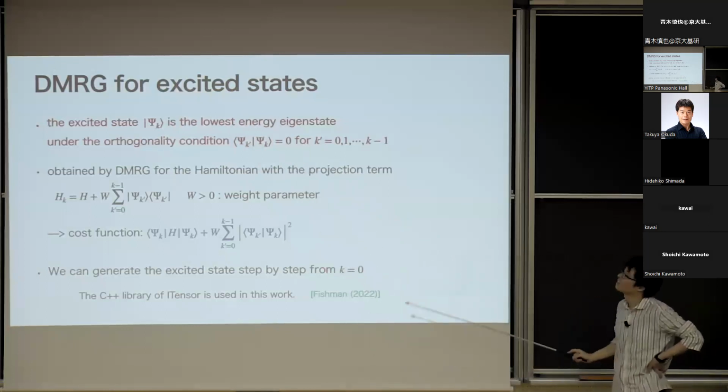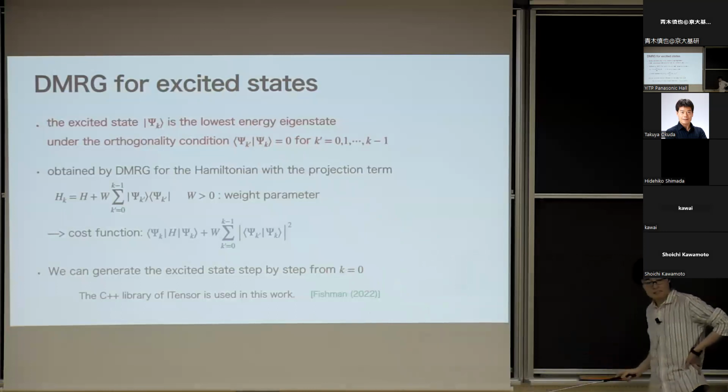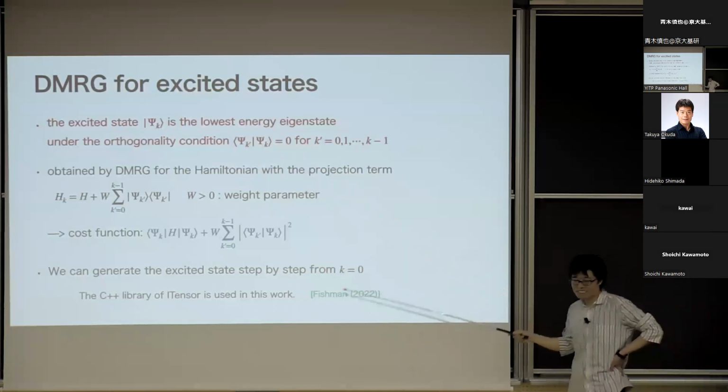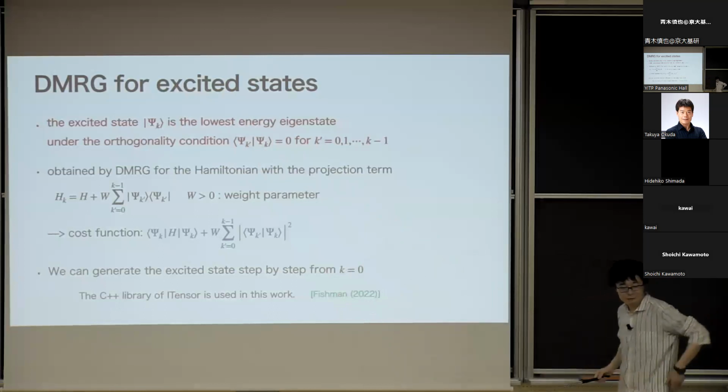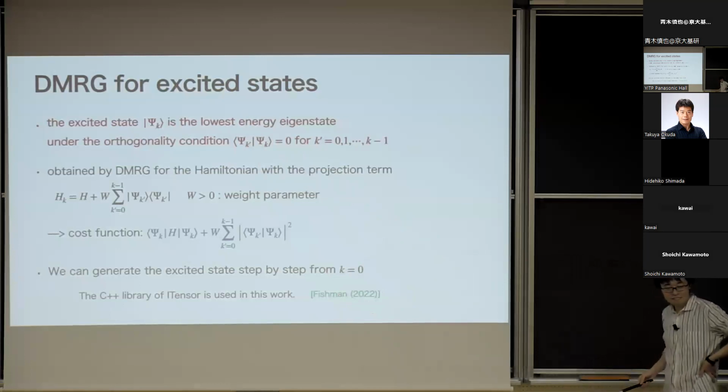I see. So you want to know just the energies, the values of energy. Of course, the given states can be mixed. I imagine you get some superposition of excited states when it's degenerate.